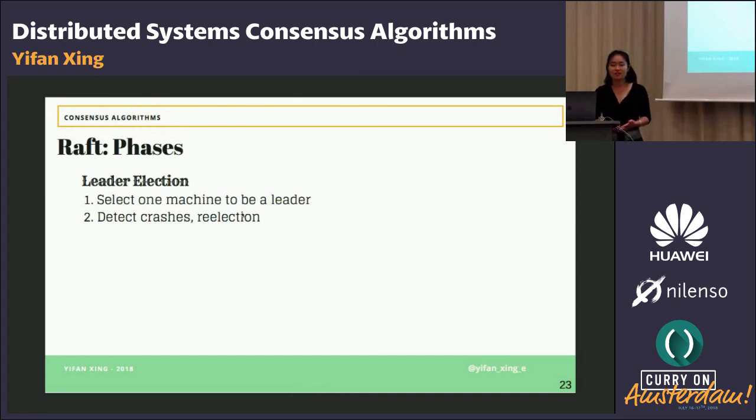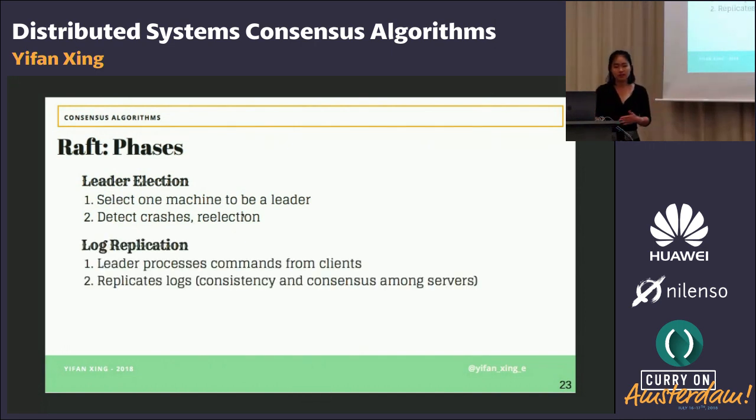So in Raft, we have leader election where we select one machine as the leader. And then we detect leader crashes. When the leader dies, we elect another leader. And then after a leader election, if we have a leader, we're going to have log replication. We are going to basically trust the leader and replicate the leader's log.